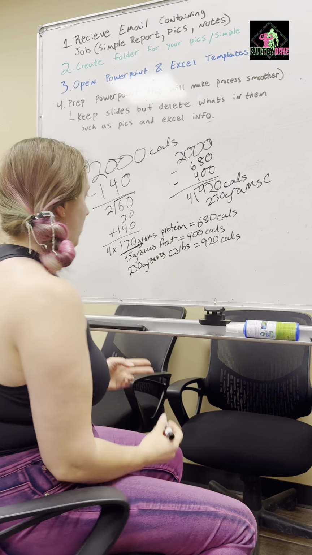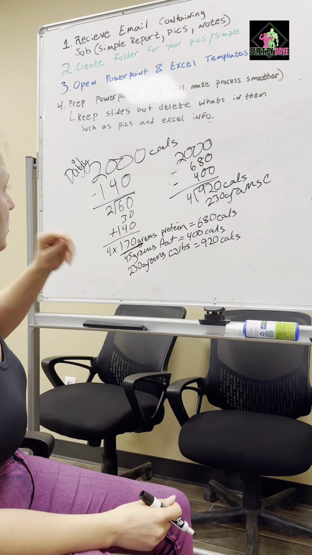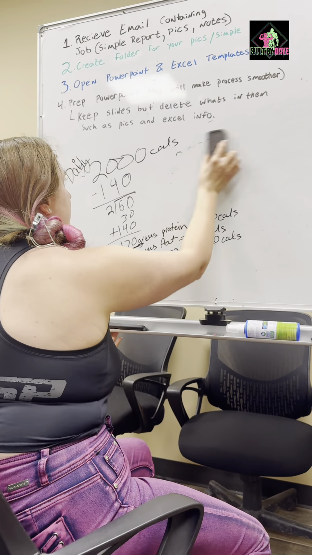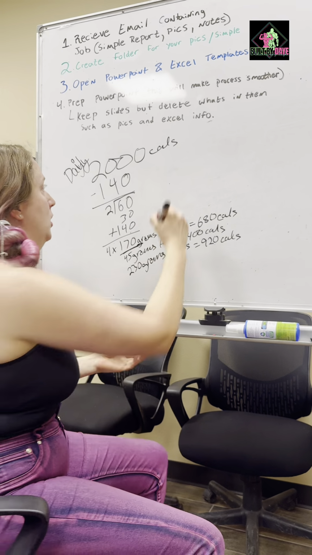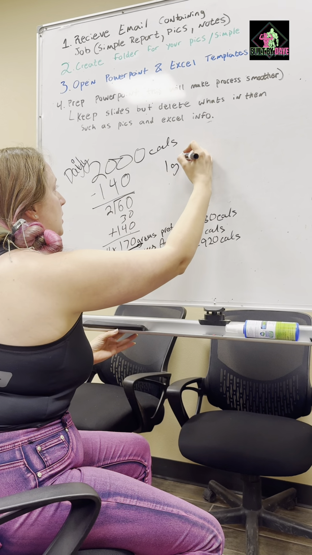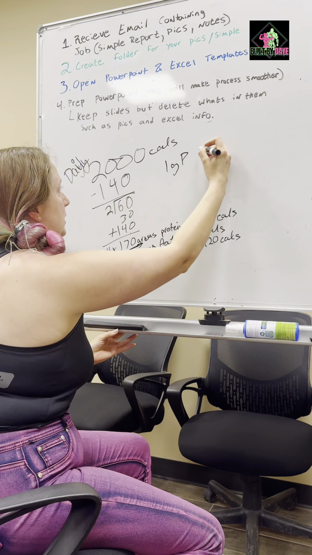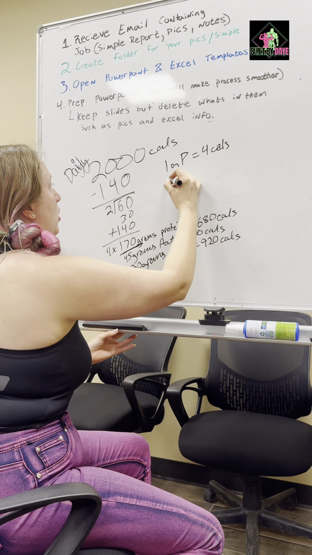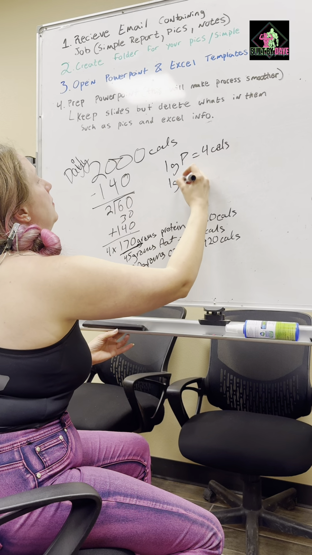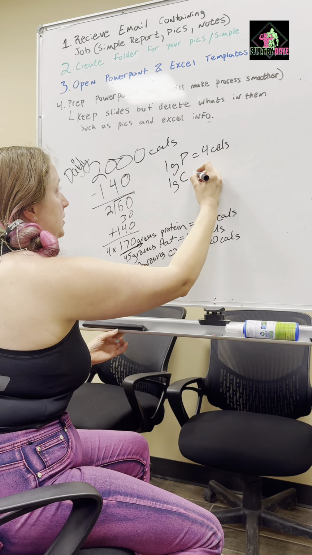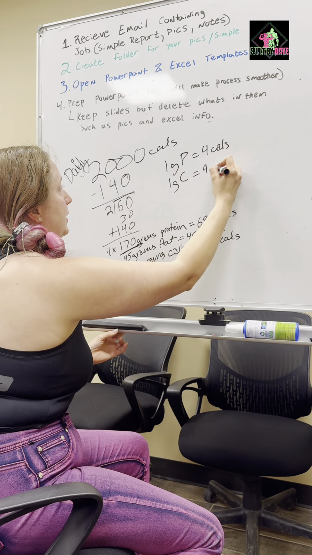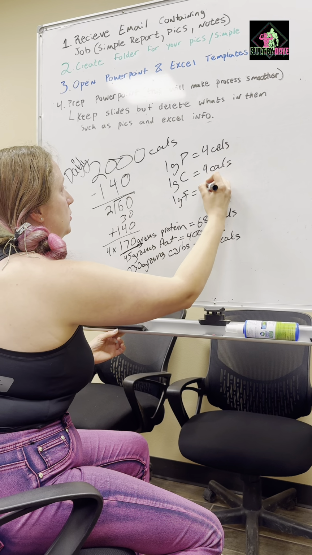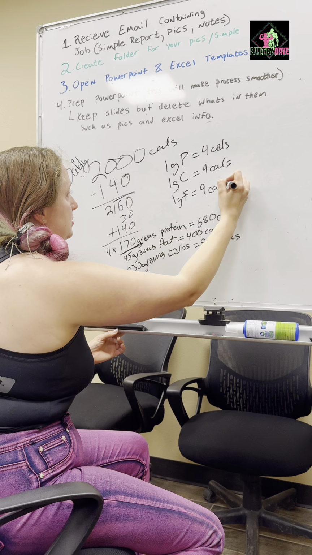Okay? So we're going to break this down again to make sure we all are on the same page. 1 gram of protein equals 4 calories. 1 gram of carbs equals 4 calories. 1 gram of fat equals 9 calories.